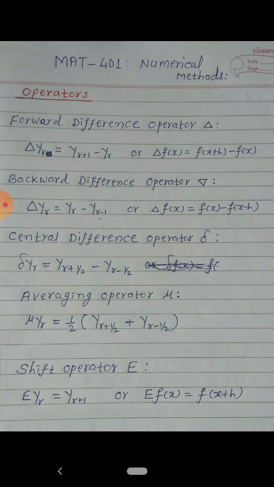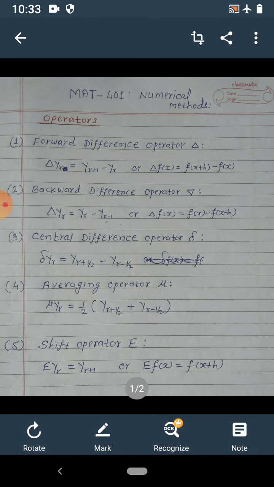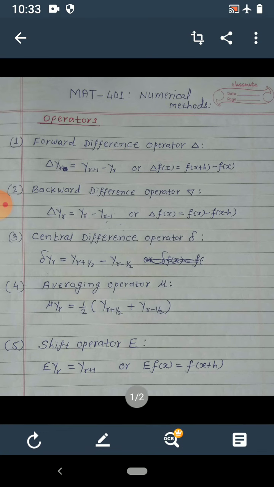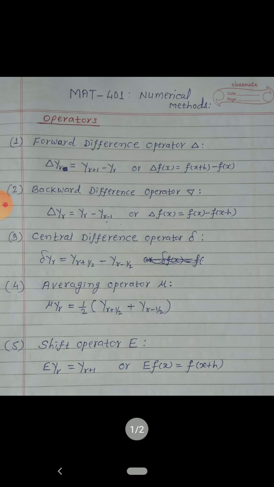And the third operator, which we have already defined, is central difference operator denoted by small delta, and which is defined as delta yr is equal to yr plus half minus yr minus half.